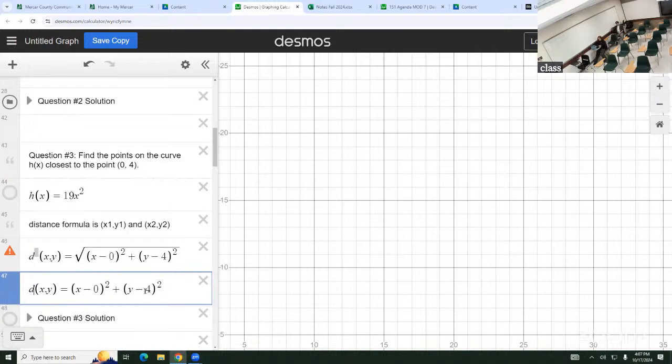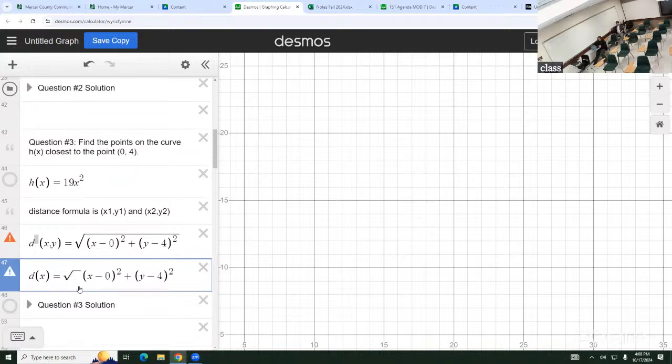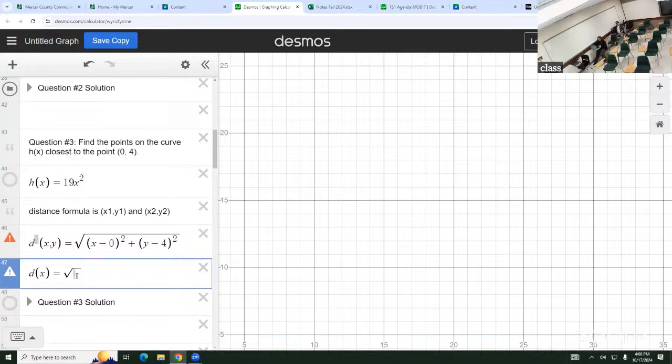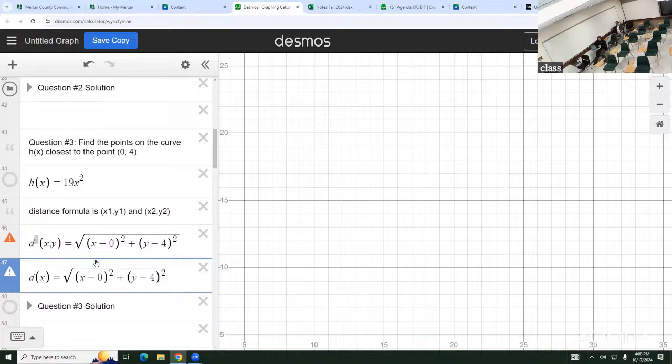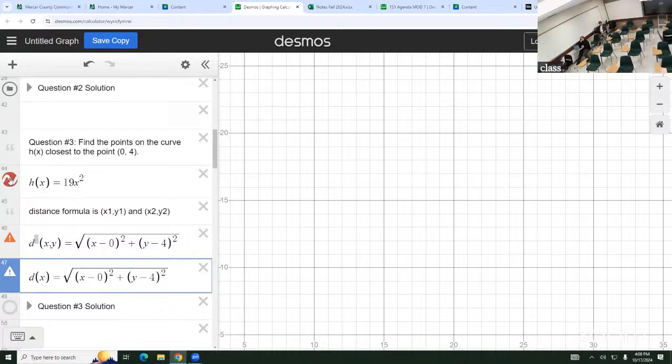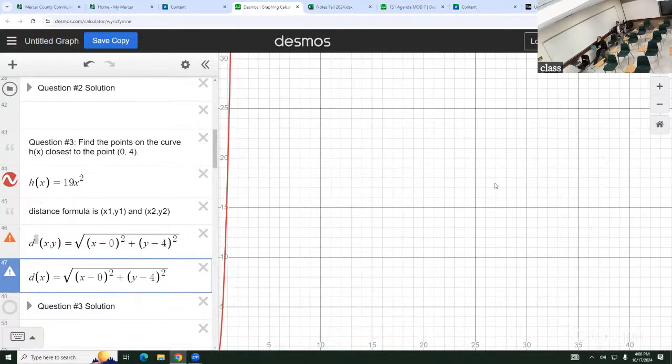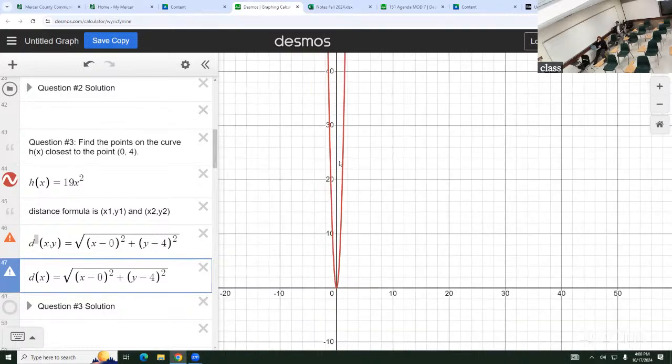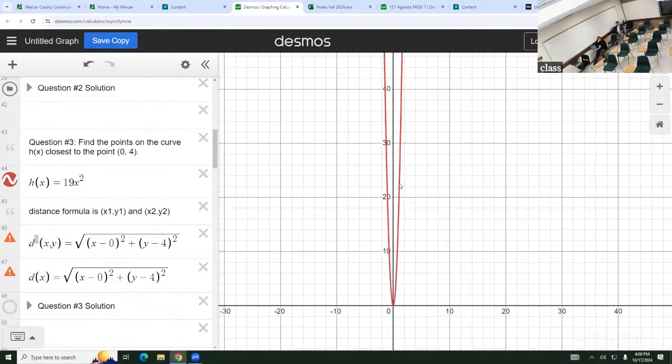All right. So how do I make this only a function of one variable instead of 2? Anyone? I need to get rid of the x or the y. Which one do I have an equation that tells me what y is? This is the curve right here. The x and the y are just points on that curve. So that means y equals 19 minus x squared.